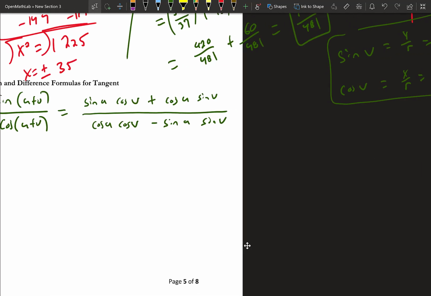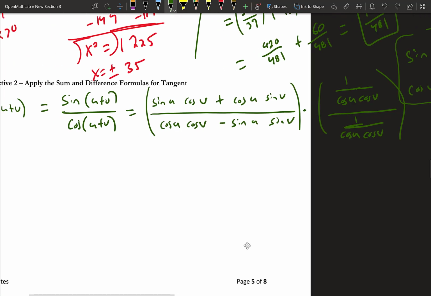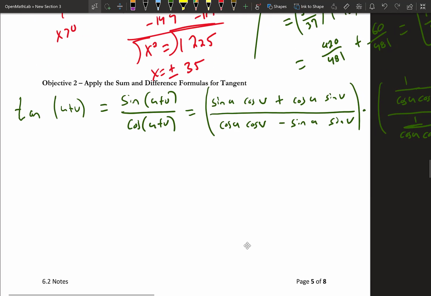And then, to clean some of this up, what we can do is multiply this whole thing by 1 over cosine u cosine v, all over 1 over cosine u cosine v. What that will give us is the following.